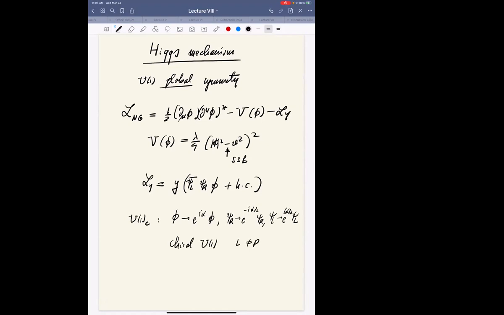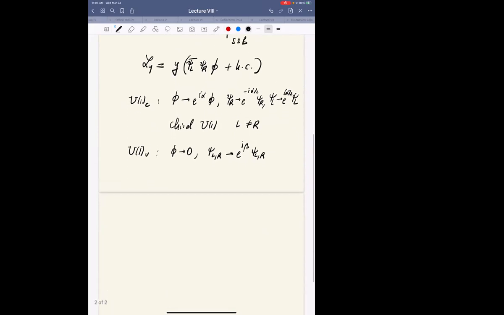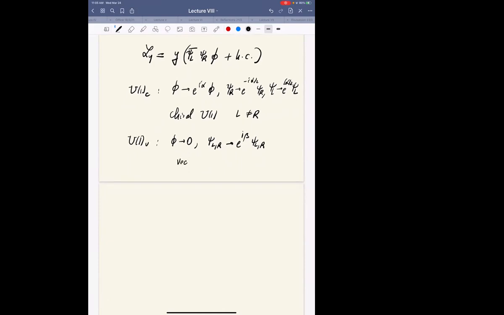There is also a U(1) vector, like we called. φ does not transform, and ψ_L and ψ_R transform the same way. This is simply a fermion number. So this is vector-like U(1). Left is equal to R.